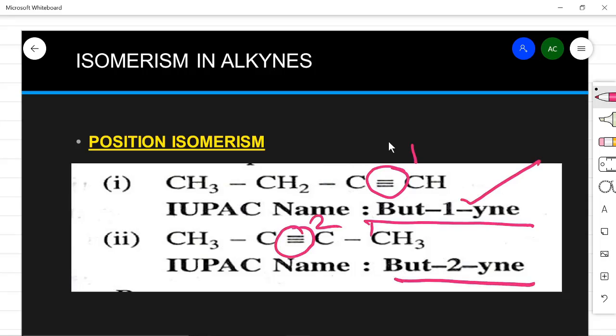It can be written as butyne also, because 1 we don't mention generally. If 1 is not mentioned, that means the triple bond is on carbon 1, and otherwise we have to mention if it is on 2, 3 or 4. So this is position isomerism, where the position of the triple bond is different, although the molecular formula remains the same.